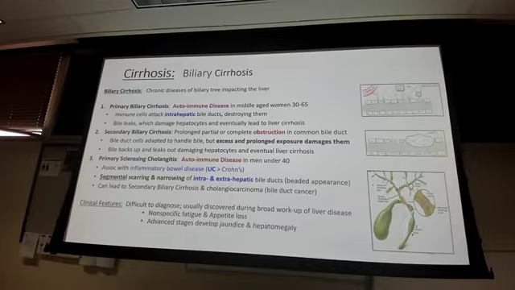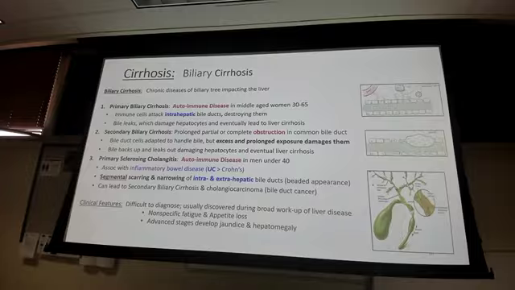So then the liver gets inflamed. It tries to repair itself, but it can't repair itself well, so scar tissue starts developing. That's what leads to liver cirrhosis. That scarring of the liver, because the bile leaked out of those bile ducts, got into the liver cells and caused damage, is primary biliary cirrhosis.